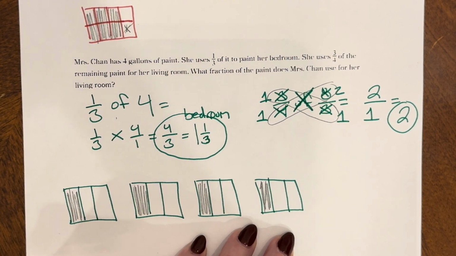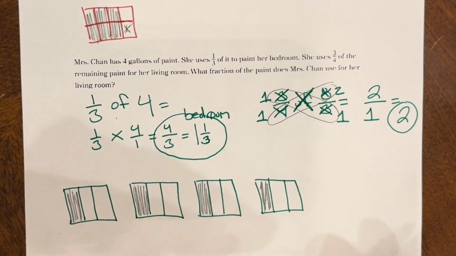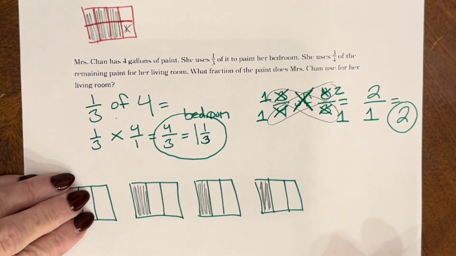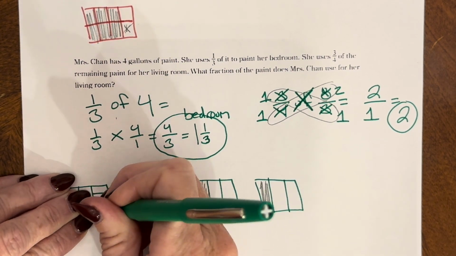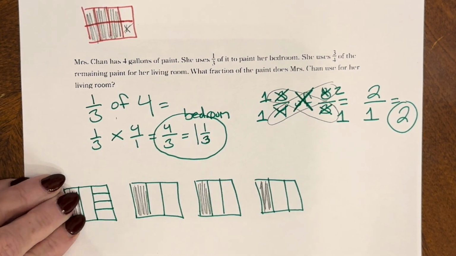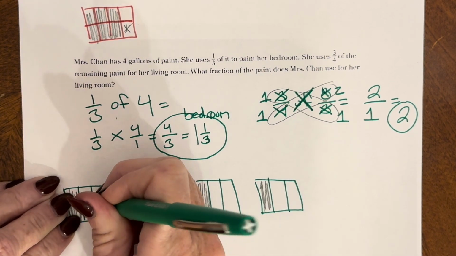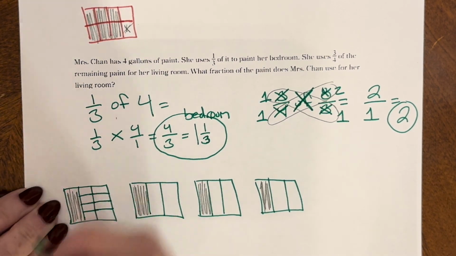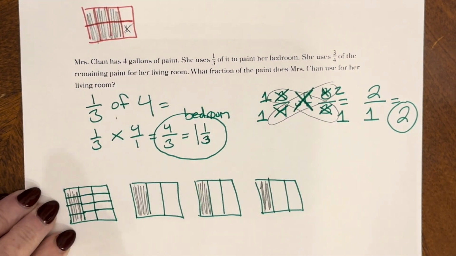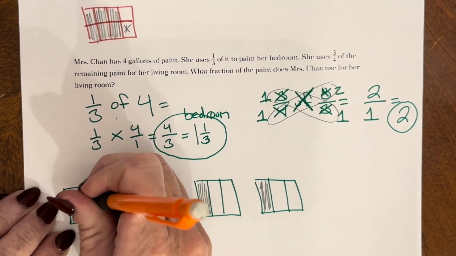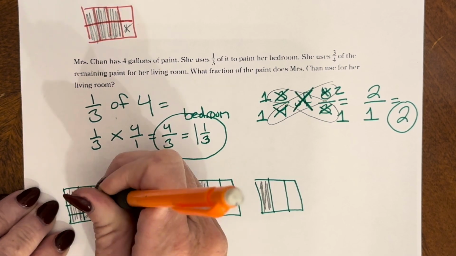Well, let's see if we could get the same answer doing our picture. So she's going to take each piece that's left and she's going to cut it into 4ths, but then she also had to cut that. And what is she going to use? She's going to use 3 out of each of the 4 pieces.